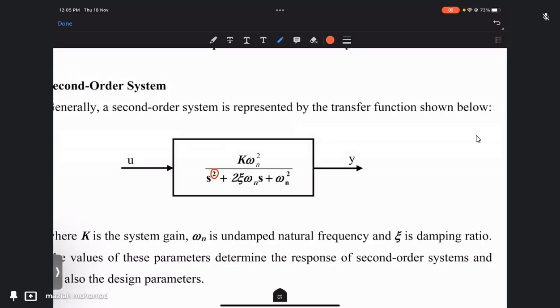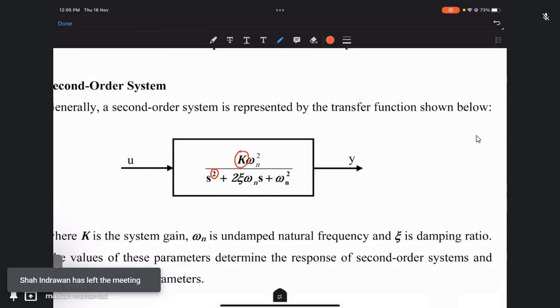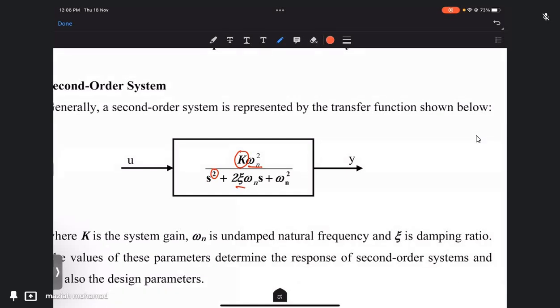In this general transfer function we have k. Again k is the gain, similar to the first order system. K is a static gain, static transfer function. We have omega n, and we also have zeta. Those are the parameters that define the behavior of a second order system.